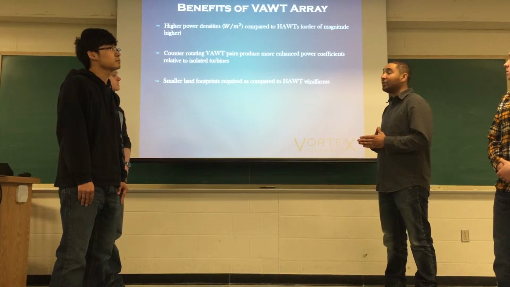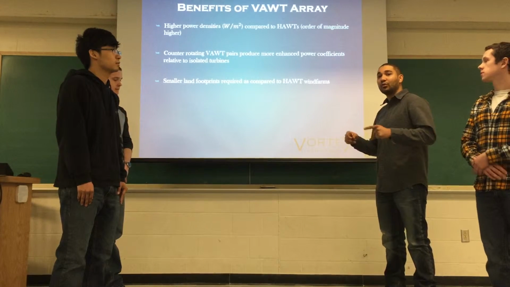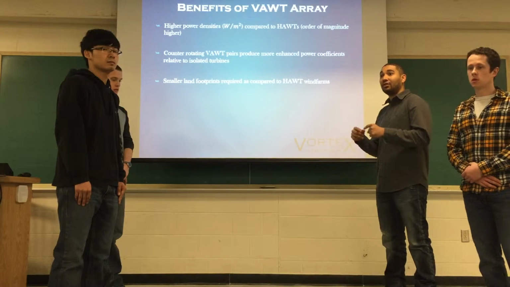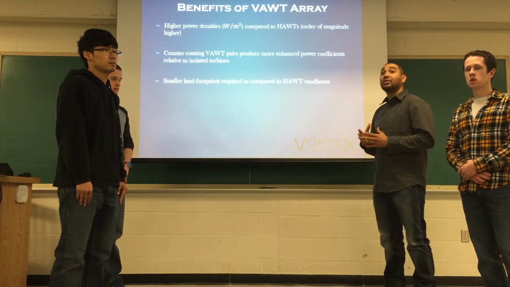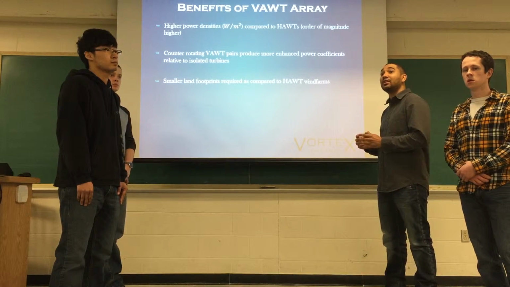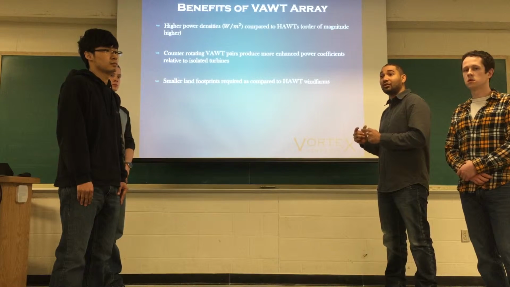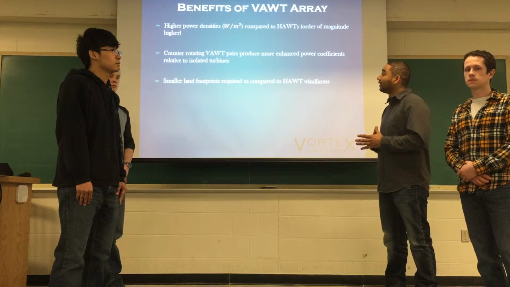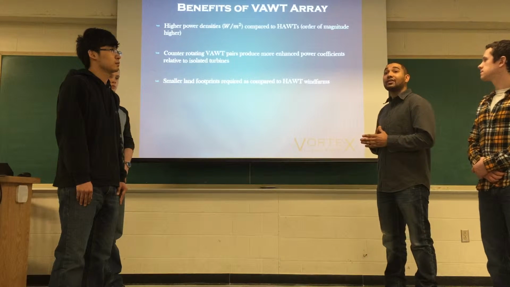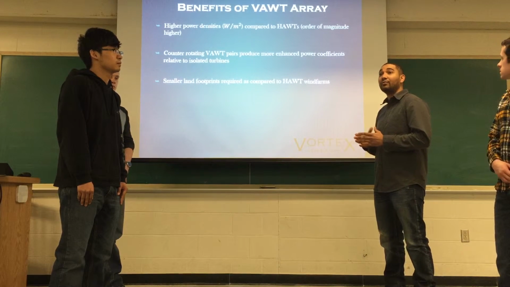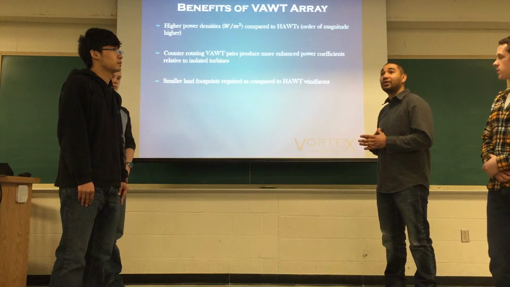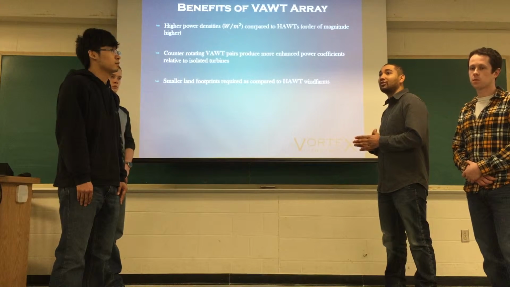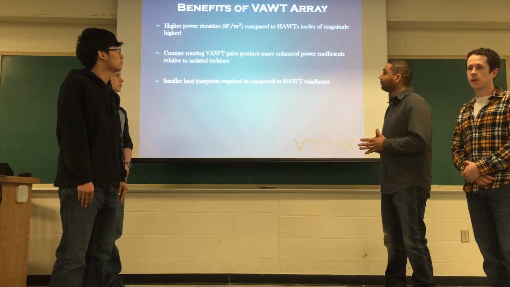The second benefit is that when you place two counter-rotating vertical axis wind turbines and make them interact with each other, the power coefficient they produce is higher than if you place one of those turbines on its own and allow it to rotate in space. And finally, a vertical axis wind turbine array wind farm uses a smaller footprint compared to a horizontal axis wind turbine wind farm.